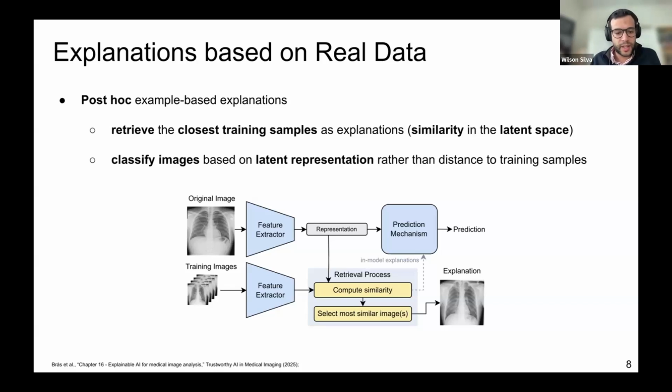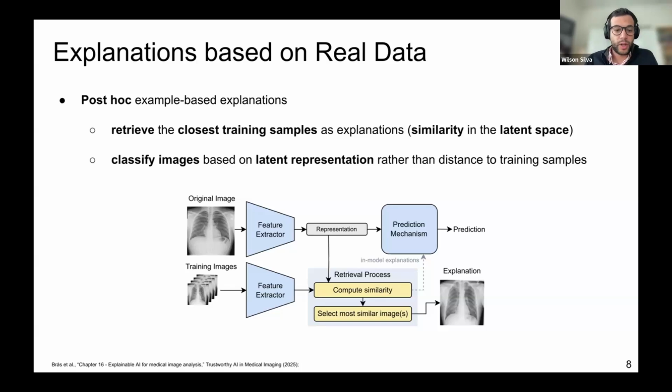So it's just like a classic AI model approach where we'll classify the images based on the latent representation that we learn, and on this semantic representation. And then what we do is we use real cases, past cases, and we try to find the closest training samples, not in terms of overall similarity, but in terms of similarity related to the task.